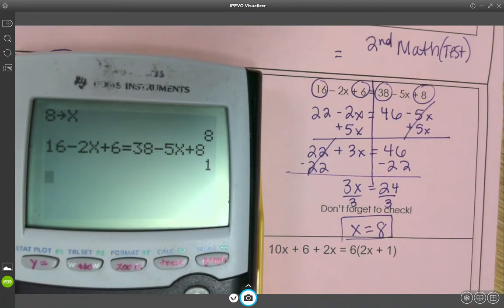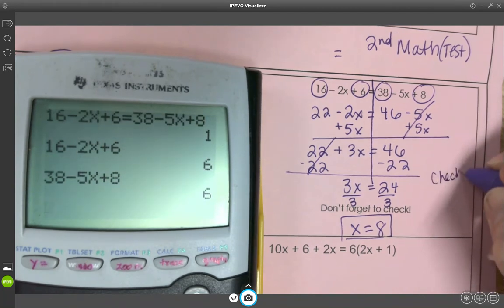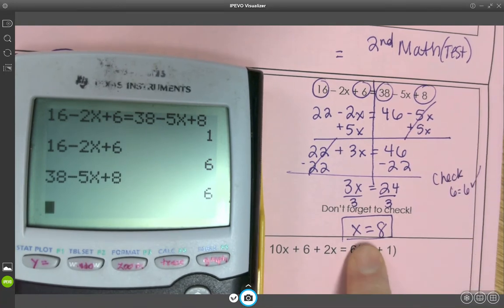I get a 1. 1 means true. That means I did it correctly. If you want to do them separately, you can. If you want to do the 16 minus 2x plus 6, 38 minus 5x plus 8. Whenever you check it, you get 6 equals 6. So it's true. 8 is x.